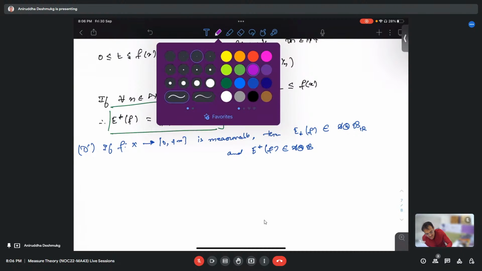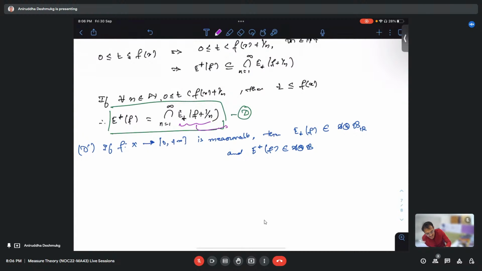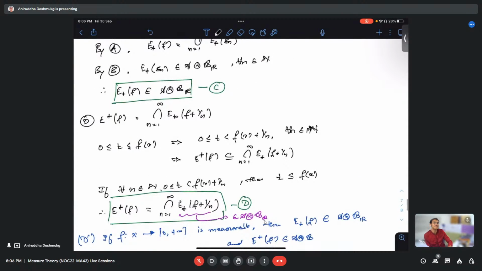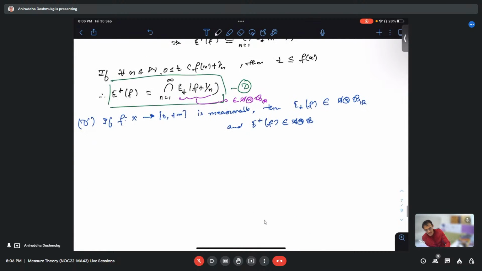So each of these sets is inside A cross B_R. So their intersection is again inside the sigma-algebra. So all of them, this E lower star f, E upper star f, are inside the sigma-algebra. So their difference is inside the sigma-algebra.